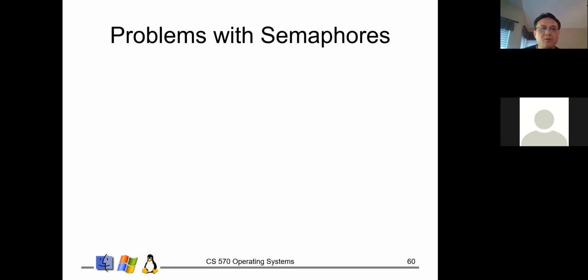All right, we have concluded semaphores. We didn't really talk about the strengths and weaknesses of semaphores. The semaphore construct is far superior to a simple lock.